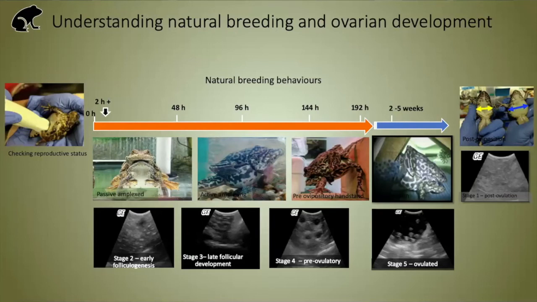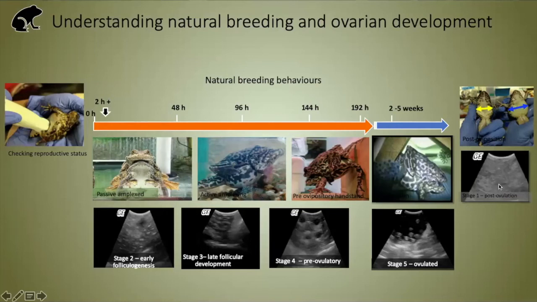So if we go down and look at the ultrasounds, which is some of what I was talking about in the last slide, and we look at the different stages, I start on the right hand, again, with that first, what we'll call the empty ovary, post-breeding.